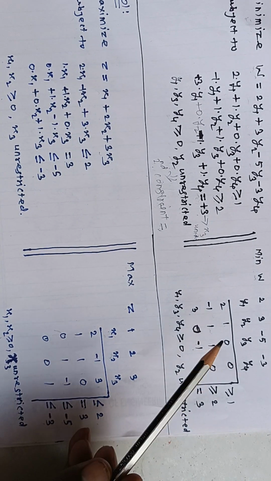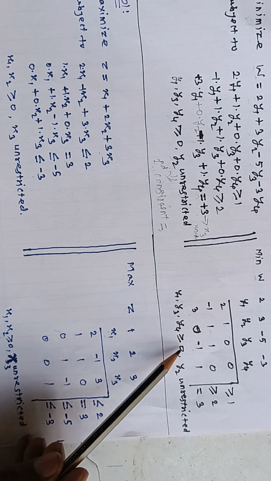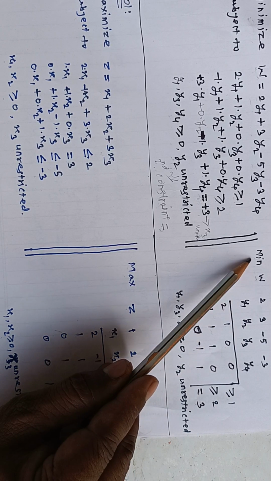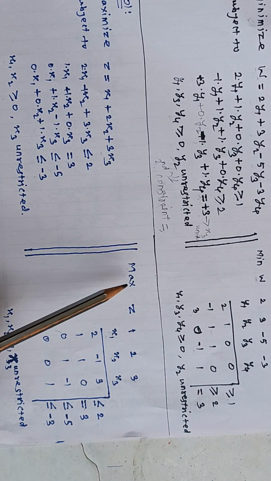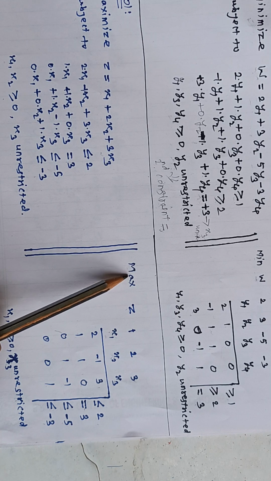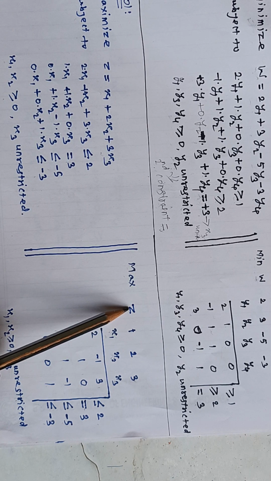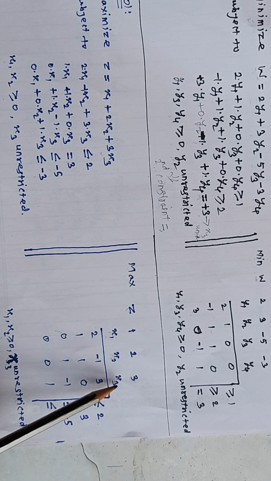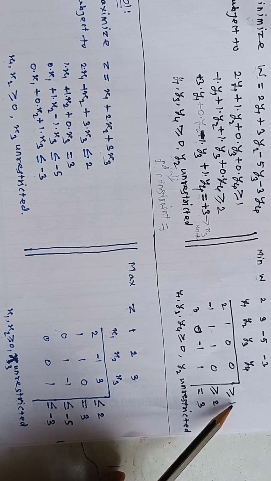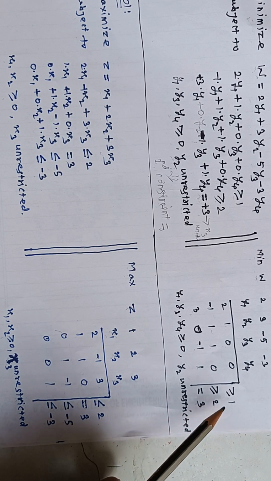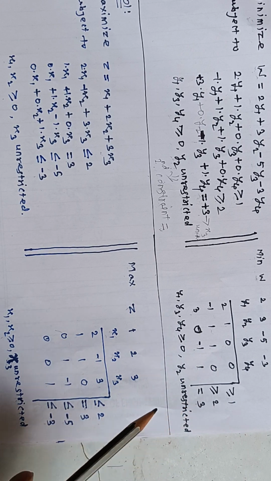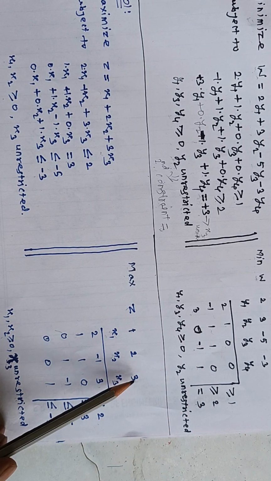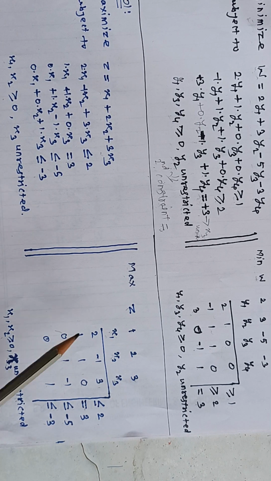Now the tabular form of the dual. By using this tabular form, this is minimize w, so in dual form, maximize z. Now the new variables will be x1, x2, x3. The number of variables depends upon the constants appearing on the right hand side of these constraints: 1, 2, 3. Put here 1, 2, 3. Those will be the coefficients of the new variables in the objective function.